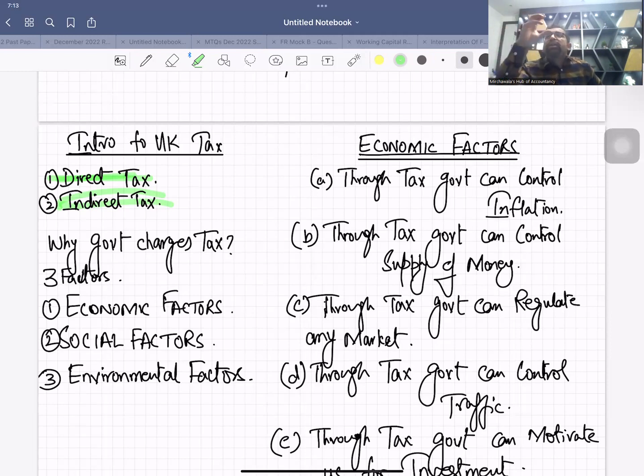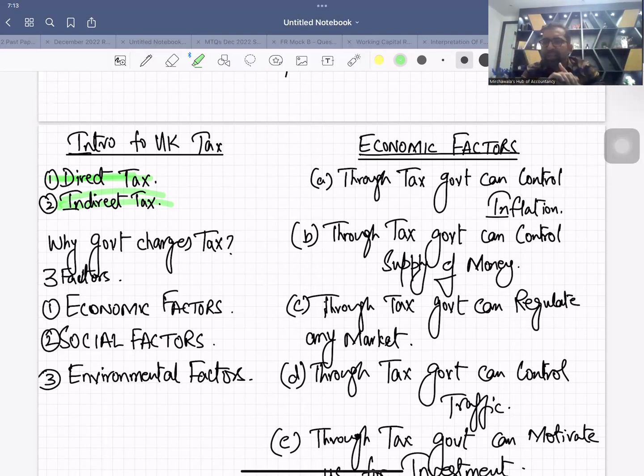Whoever drinks the Pepsi or Coke has to bear the burden, right? So indirect tax is very famous. Even in your basic studies you have studied it. For indirect tax, the burden is borne by the final consumer, and it is applied on consumption of goods and services, right?